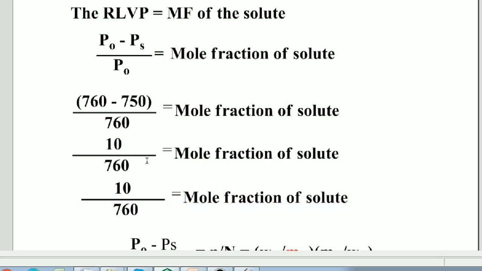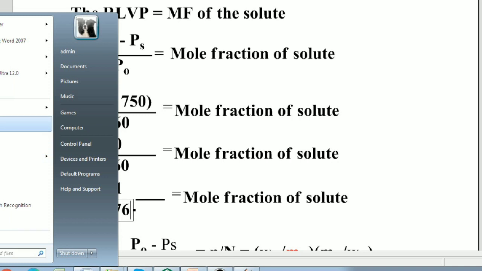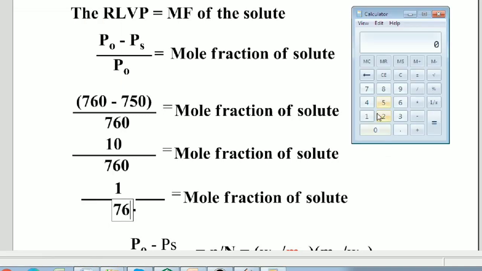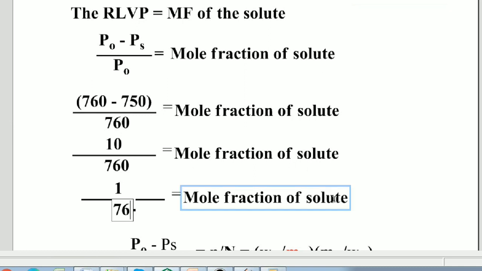10 by 760 is nothing but 1 by 76, and we can find the value of 1 by 76. Therefore students, 1 divided by 76 is equal to 0.0131.